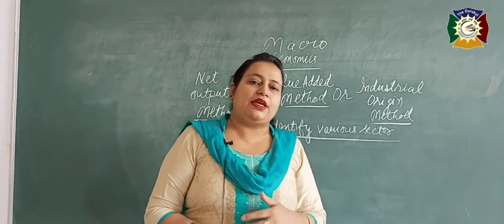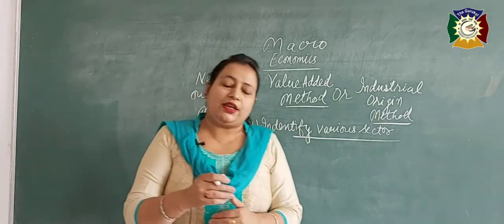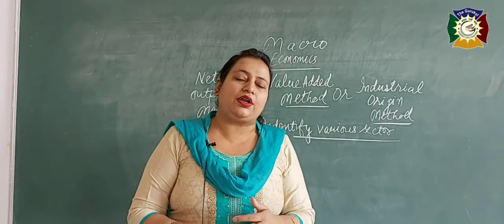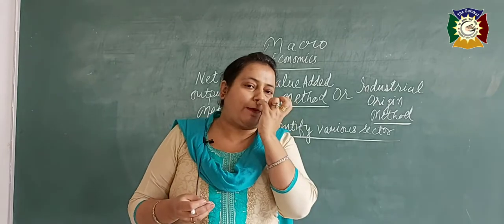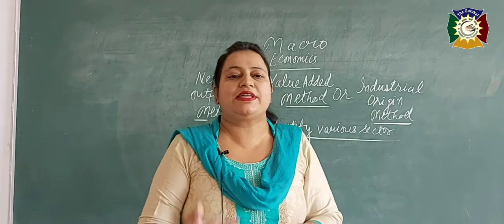For example, if we are getting something from agriculture, what do we have to do? We cannot eat it raw sometimes. We have to add some more value. It means manufacturing, the secondary sector.